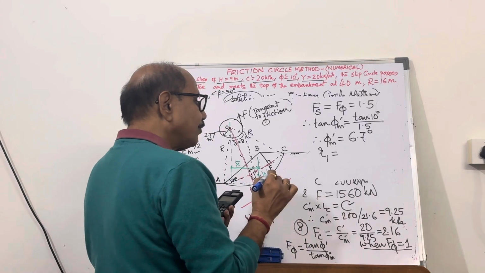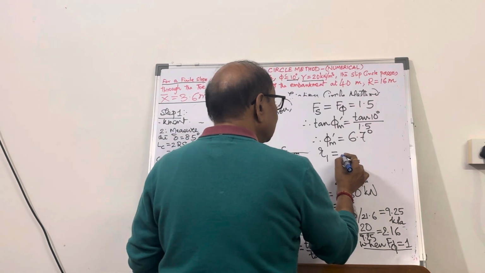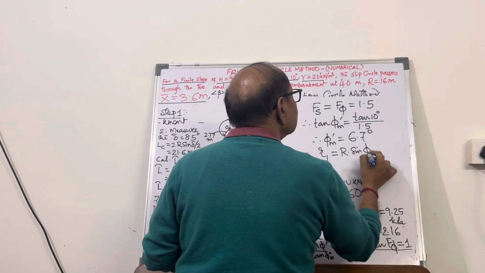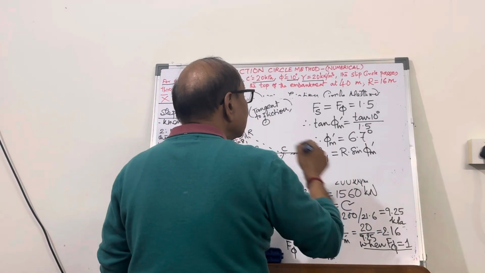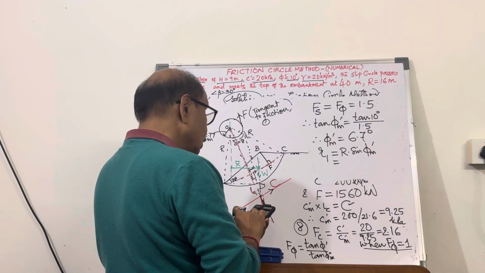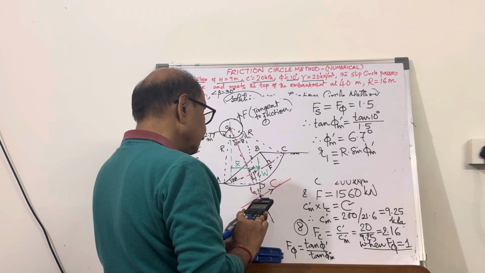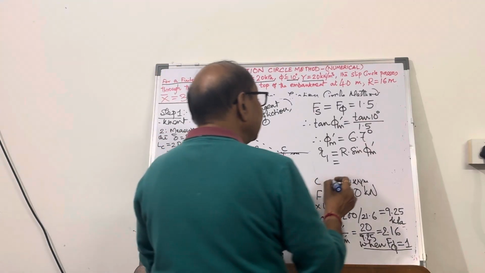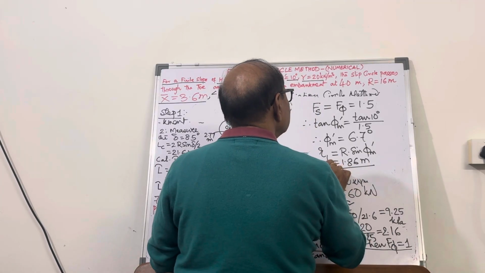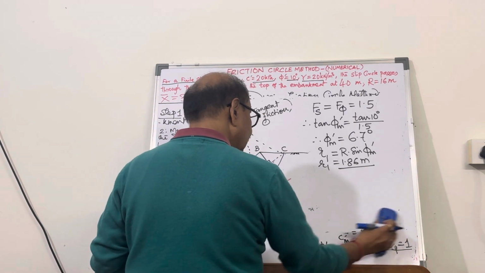So draw another friction circle whose radius R1 is going to be R sine phi. Therefore, this becomes 16 into sine 6.7, which is 1.86 meter. So this is R1. So draw another friction circle.